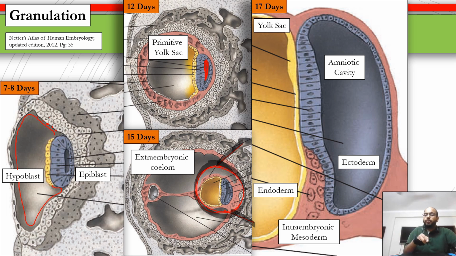After they have replaced the hypoblast cells, the remaining cells remain in between the hypoblast and epiblast to form the intraembryonic mesoderm. So all three layers, ectoderm, intraembryonic mesoderm, and the future endoderm, are made by only epiblast cells. Hypoblast does not give rise to these cells. Clear? Now, at the end of 17 days, the process of gastrulation is complete. Let's move forward.